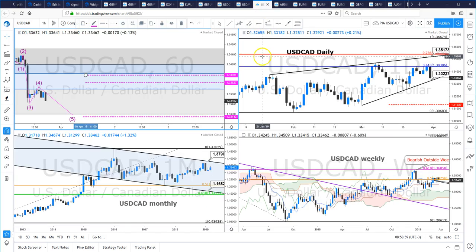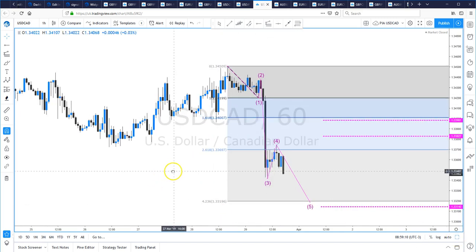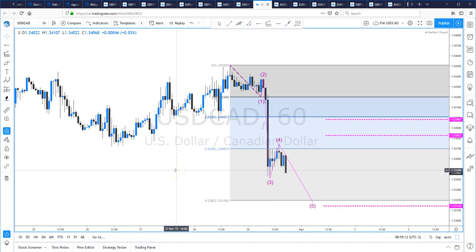And again, dollar CAD, I think it's a very favourable currency pair going into next week for trying to play dollar shorts, but not immediately. Okay, this is that sharp impulse move to the downside. Commodity currencies often will play out to the 423.6% extension level.